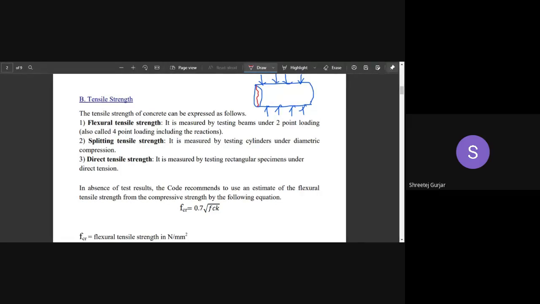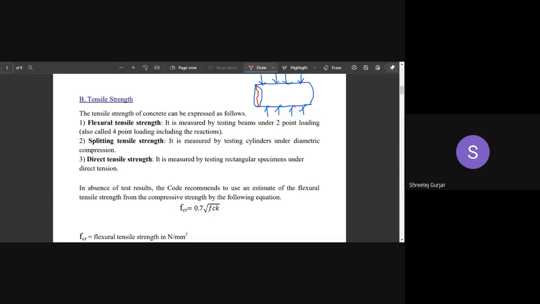Coming to your third, the direct tensile strength. Direct tensile strength is pretty difficult to perform, but it is done for research purposes, wherein you have a rectangular concrete specimen and you put it under direct tension, the way you put a steel member in your tensile machine and stretch it.